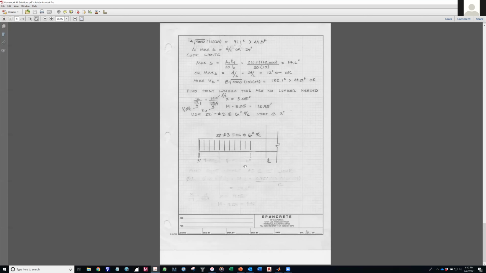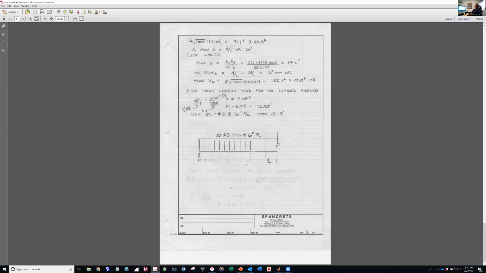Oh, okay. Because I stopped when I found the non-region, and then I got 9.67 feet that needs a shear tie. I guess that one is wrong.